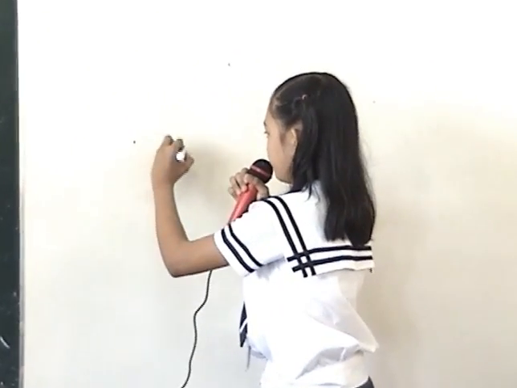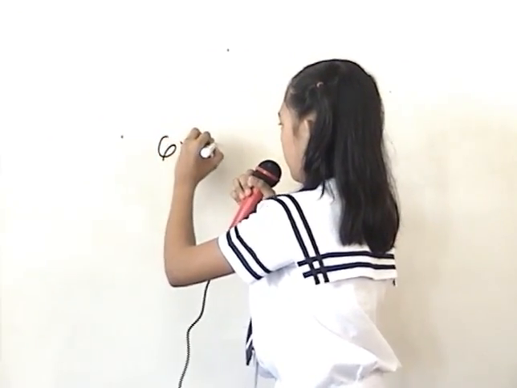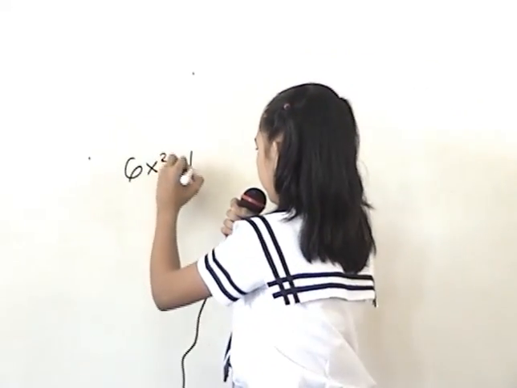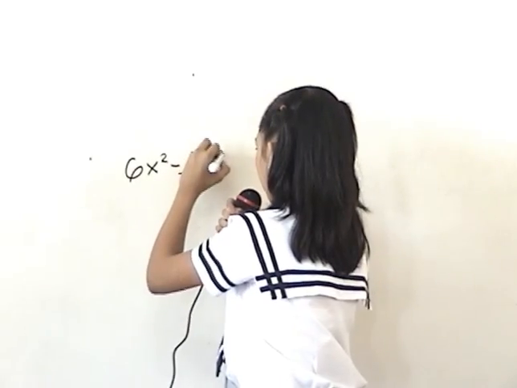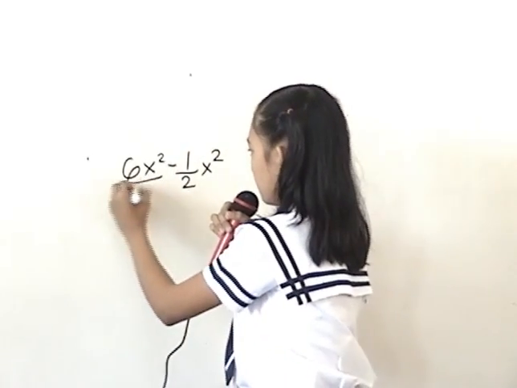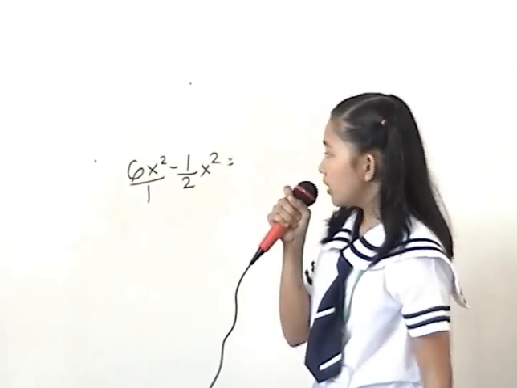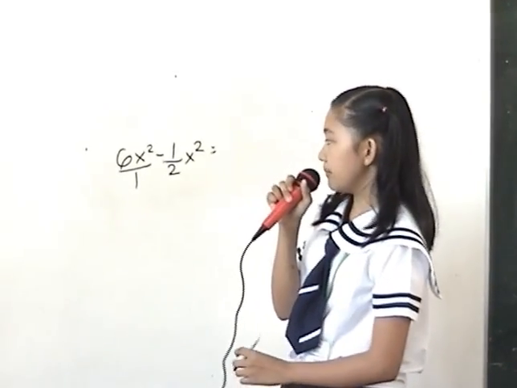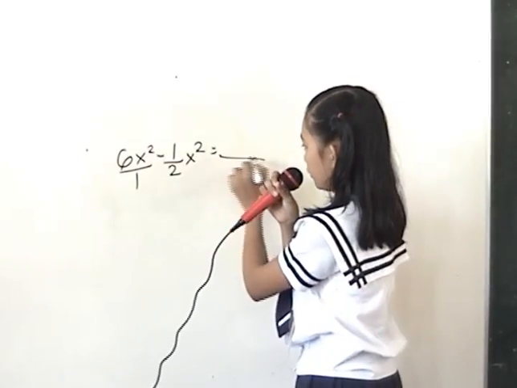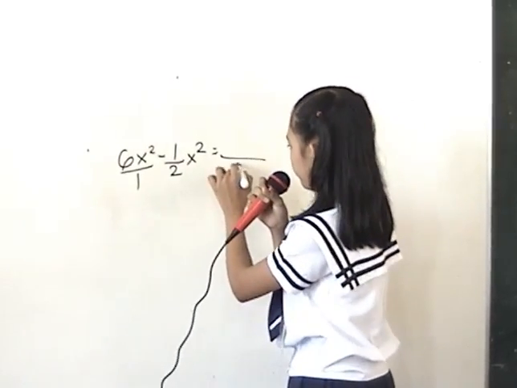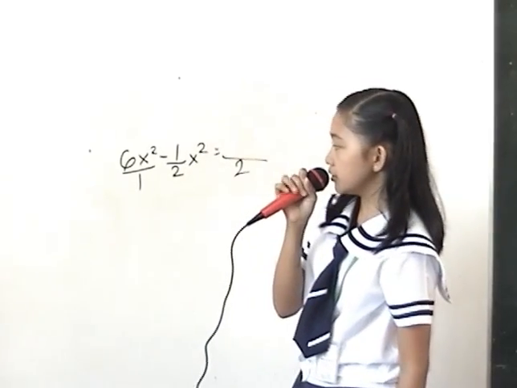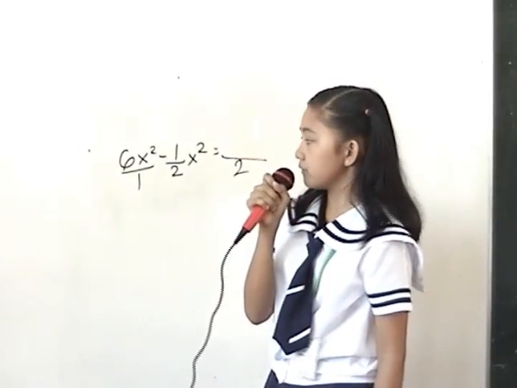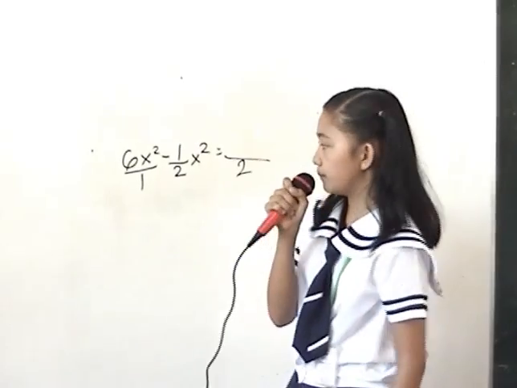To subtract 6x squared and 1/2 x squared, first we find the least common denominator of the two denominators. The least common denominator of the two denominators is 2.